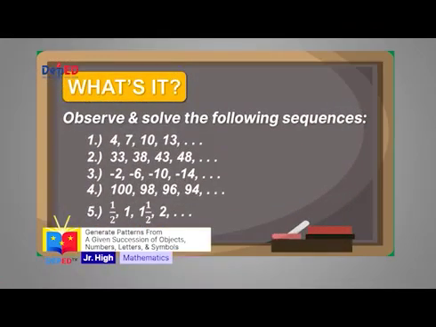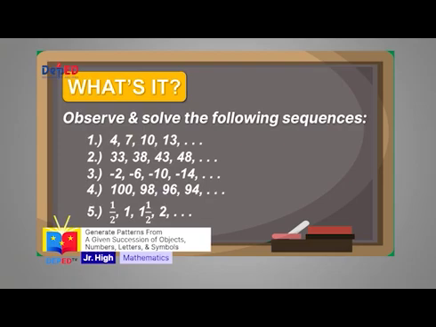Now, try to observe the following sequences. Item number 1: 4, 7, 10, 13, and so on. Item number 2: 33, 38, 43, 48, and so on. Item number 3: negative 2, negative 6, negative 10, negative 14, and so on.